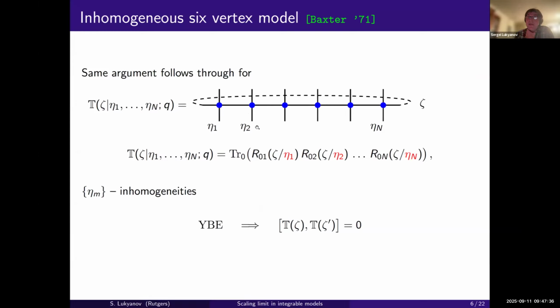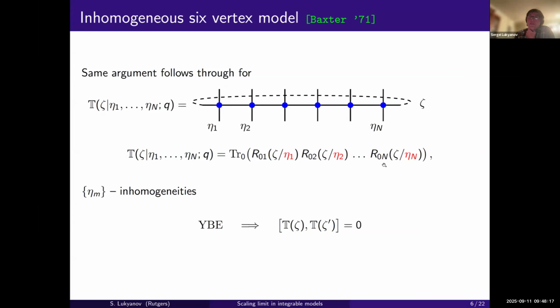We keep the anisotropy parameter fixed, but change the value of the spectral parameters associated with the vertical lines, which I denote by eta 1, and so on. Each individual matrix depends on the ratio of the spectral parameters associated with the vertical and horizontal lines. So the transfer matrix is given by a similar formula as in the homogeneous case, but now it depends on extra parameters, the inhomogeneity parameters eta 1, eta 2, up to eta n.